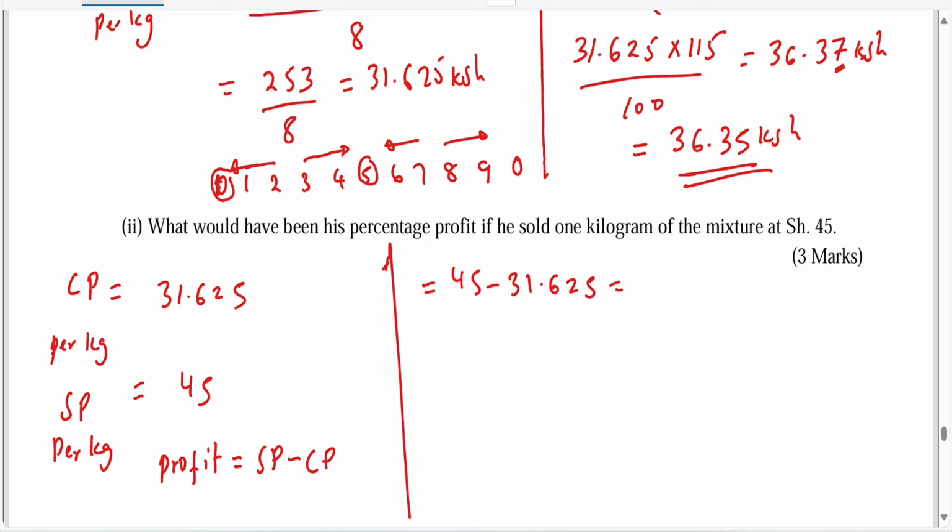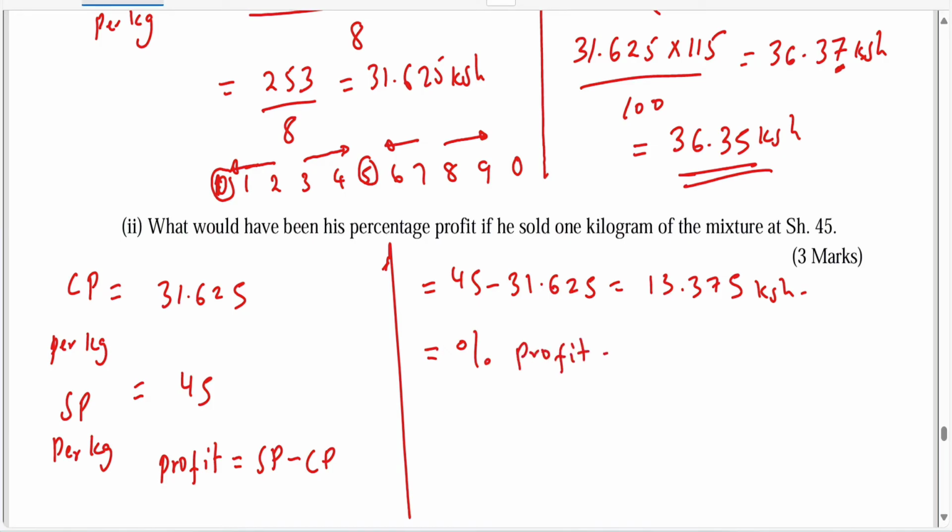So for profit need 45 minus 31.625. So if you just subtract those two, how much do you get? So if you take 45 minus 31.625, your profit should be 13.375 per kg. So for every kg you earn a profit of 13.375 shillings. So if you want to find the percentage profit, very easy.